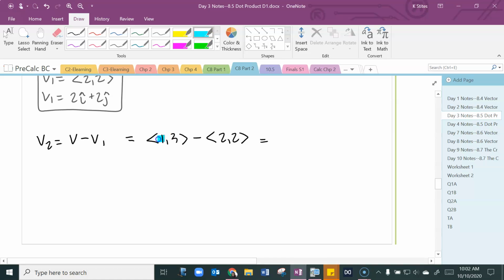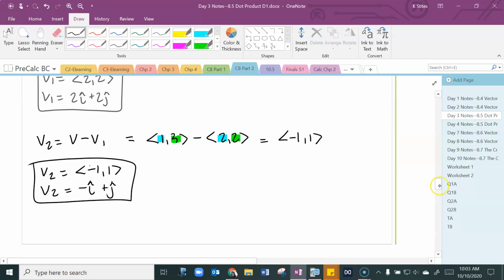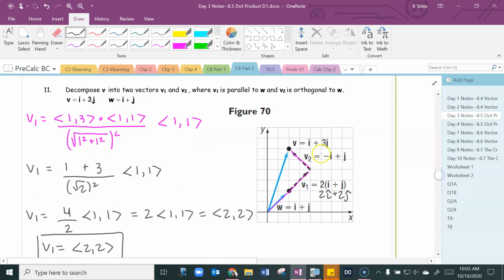And we just subtract. 1 minus 2 is negative 1. 3 minus 2 is positive 1. So that means vector 2 is either <-1, 1>, or you can write it as negative i plus j, which we can see matches the answer that was given to us here.